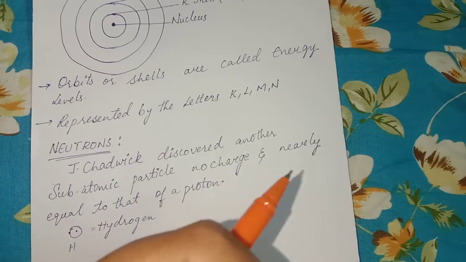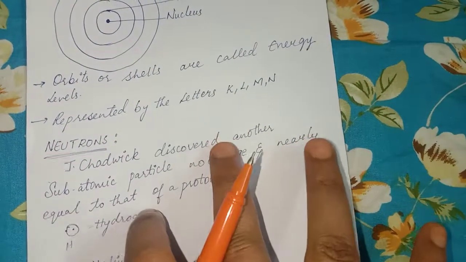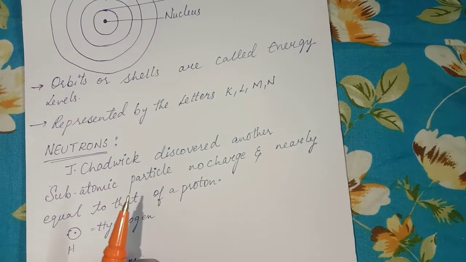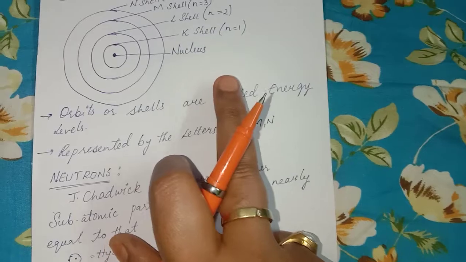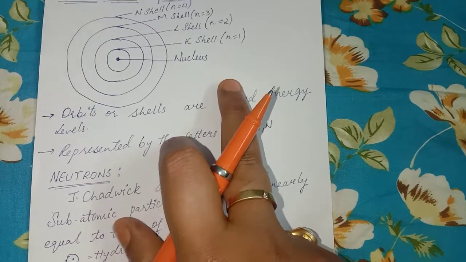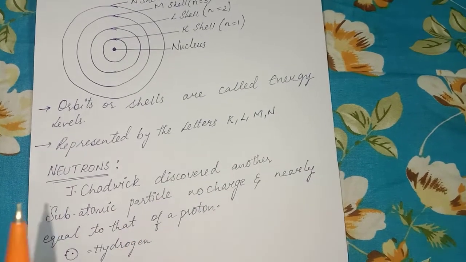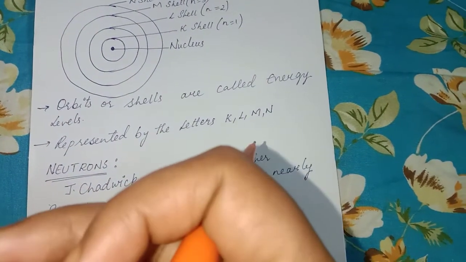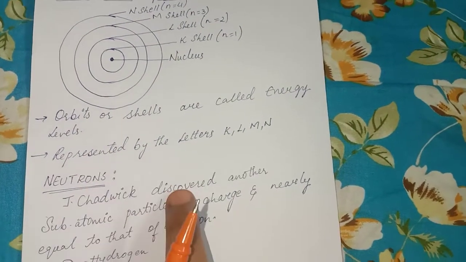It was named the neutron, and neutrons are present in the nucleus of all atoms except hydrogen. A neutron is represented as small n, and we will learn about it in more depth later. The mass of an atom is therefore given by the sum of the masses of protons and neutrons present in the nucleus.